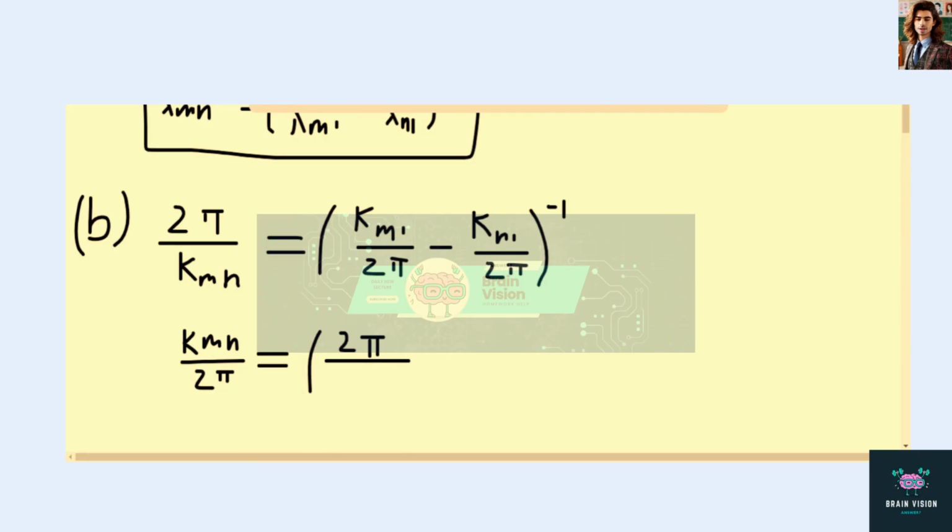So the right side stays the same, but we got rid of that -1 on the outside of the parenthesis. So it's km1 over 2 pi minus kn1 over 2 pi.